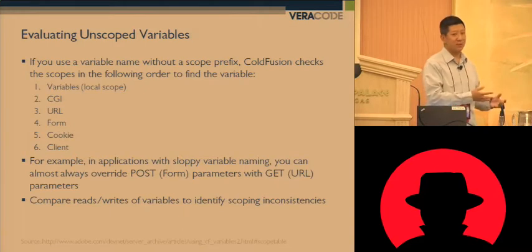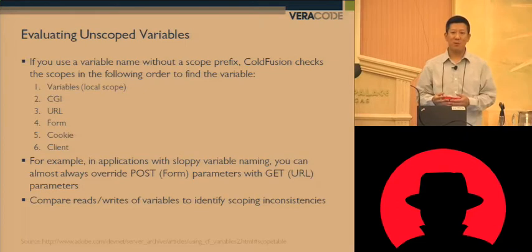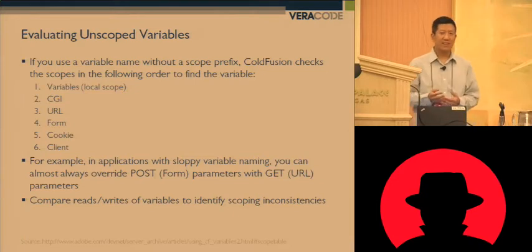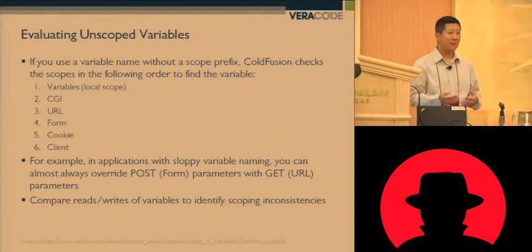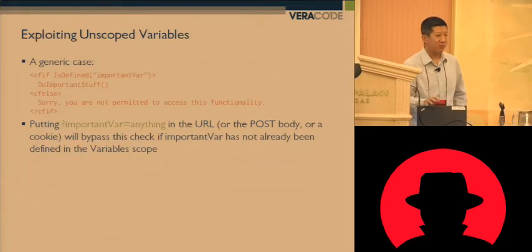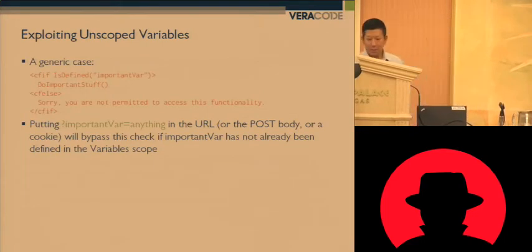So if they set a variable using a scope, and then they read that same variable later without a scope, that's a potential attack point, because they're making an assumption at the point of the read that it's only going to be reading the variable that they set. But in reality, it may be reading a different variable that the user can control. We have a few examples of that coming up.